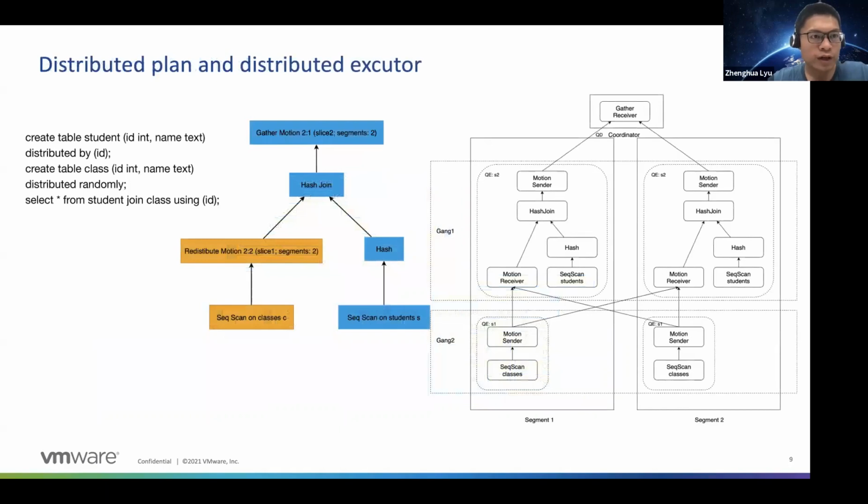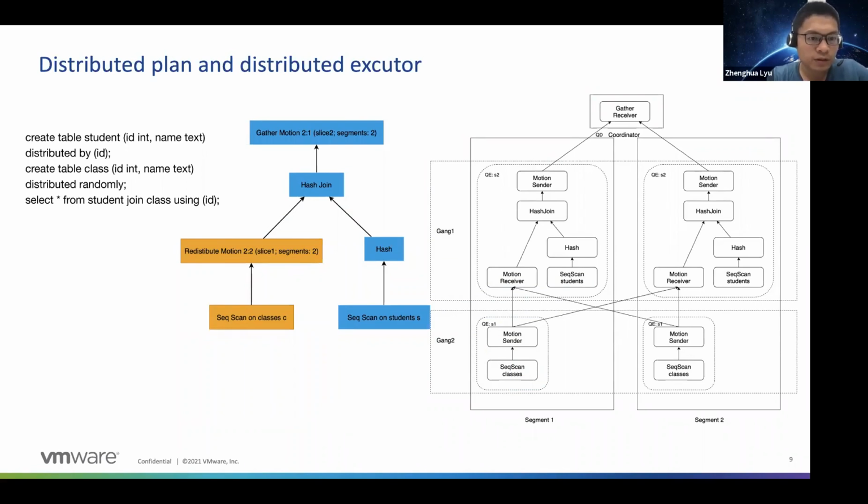It is very important to understand the distributed plan and the distributed executor in Greenplum. This is a key step to understand the following optimization on HTAP. In an MPP database, the data is saved in every segment.